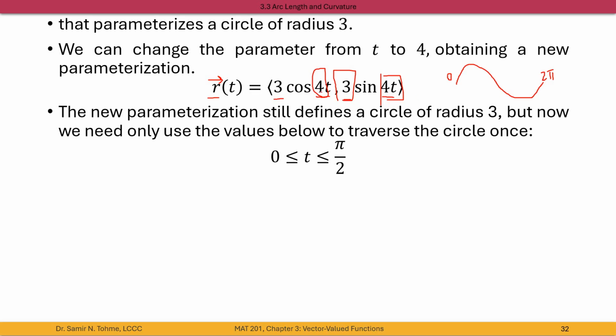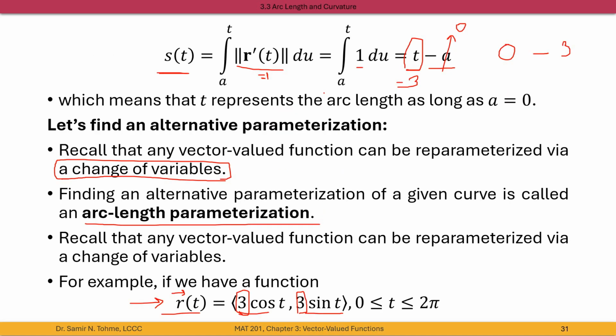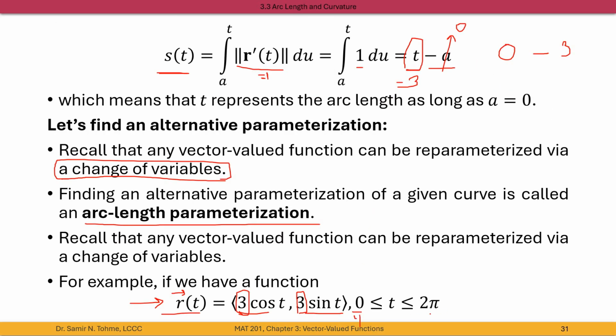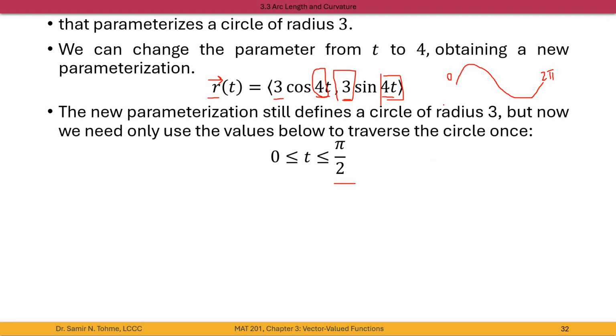If we reparameterize this one, the new parameterization cosine 4t will give you the same circle with the same radius, but it will cover it faster. It will finish the circulation of this vector around the whole circle faster. And to find it, all you have to do is, since we added 4 in the argument of the cosine, we're gonna divide by 4 here and divide by 4 here. 0 divided by 4 is 0, and 2 pi divided by 4 is pi over 2. So this will finish it in pi over 2.